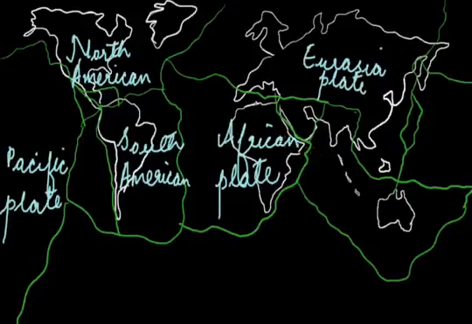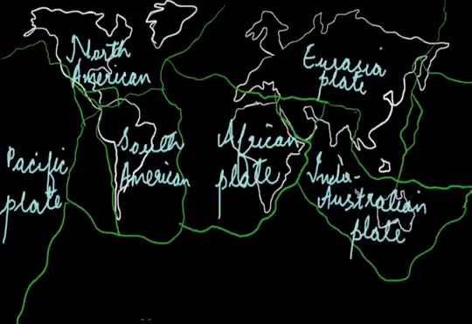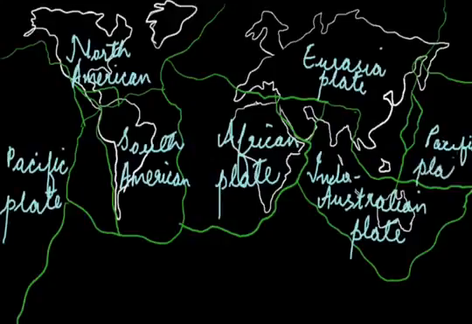And comprising India, we have the Indo-Australian plate. This Pacific plate, which you can see over here, extends up to this part also. So here also, we can write that this is the Pacific plate. And this is the Antarctic plate.